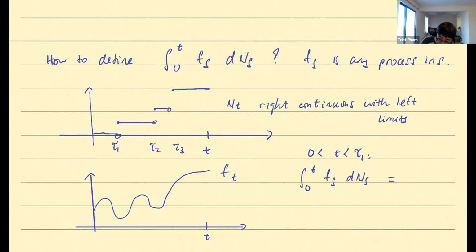So before tau 1, before the first jump of the Poisson, what should this be? Any intuition on this?